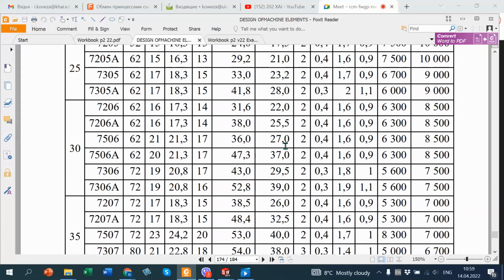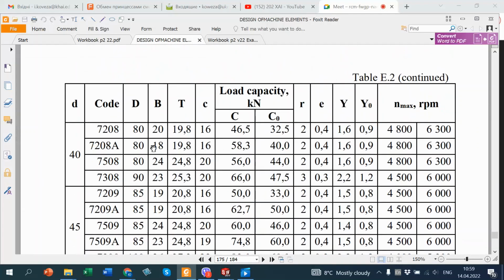For example, if we need 40 and we have 208, 208A, A means it's high quality, the same dimension, 40 diameter, bore diameter, outside diameter 80, the same like for ball bearings, but load capacity 46, 58. So if we use this bearing, we have load capacity enough for our case.